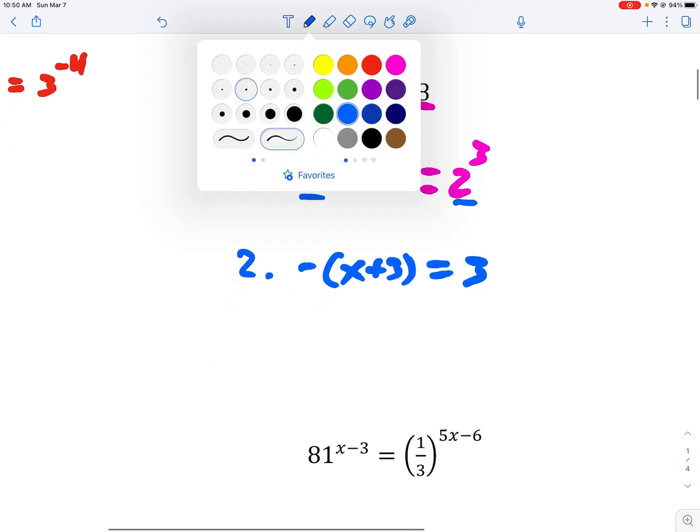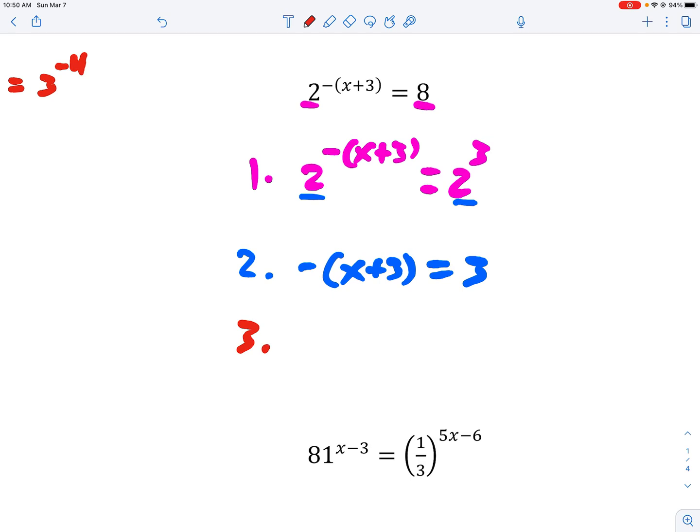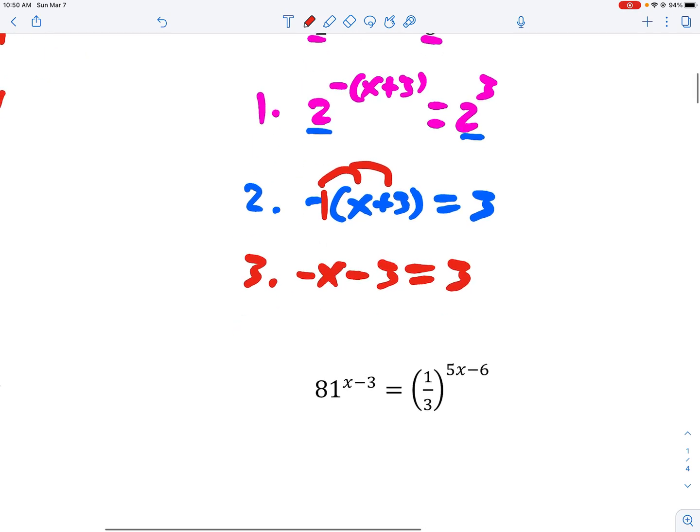And then step 3, solve for x. So I'm going to distribute the negative 1. So you have negative x minus 3 equals 3. Right? Add 3 to both sides. So x equals negative 6 once I divide by negative 1.